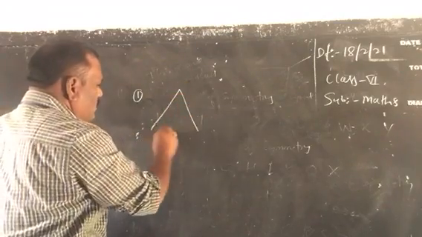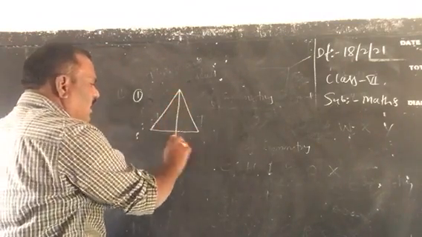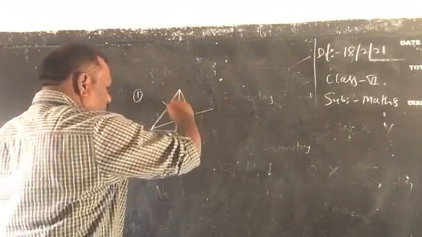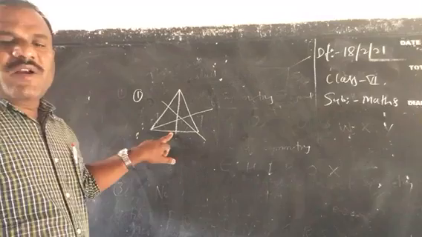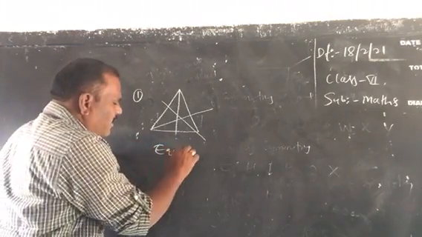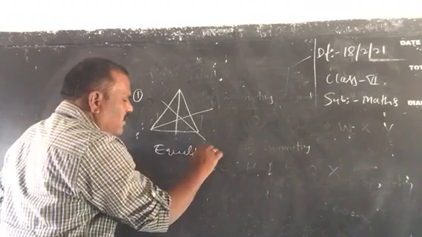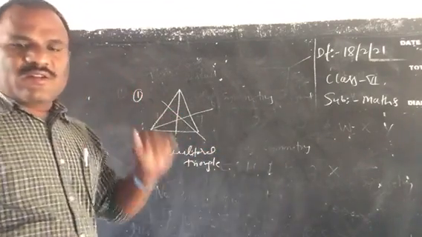You can draw one line of symmetry, and one more line, and one more line. So there are 3 lines of symmetry here. This is an equilateral triangle. There are 3 lines of symmetry.